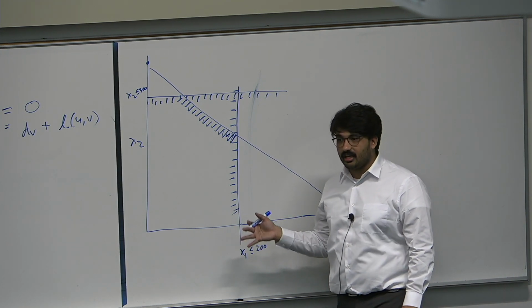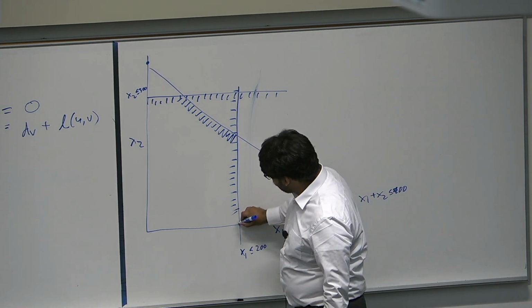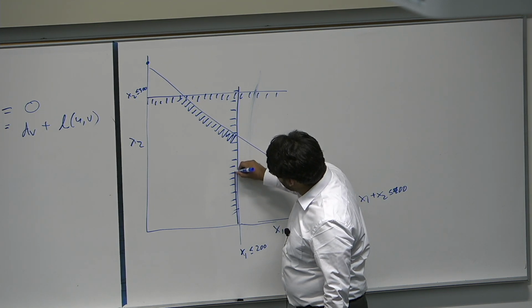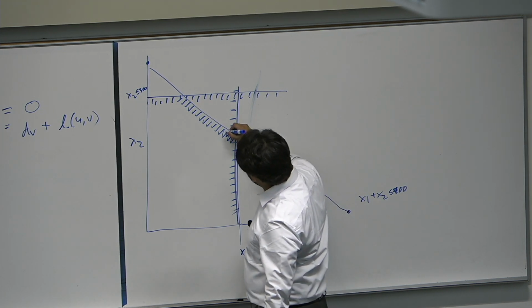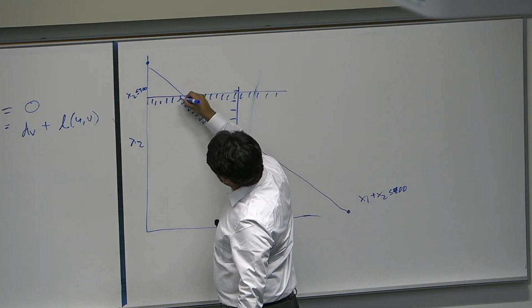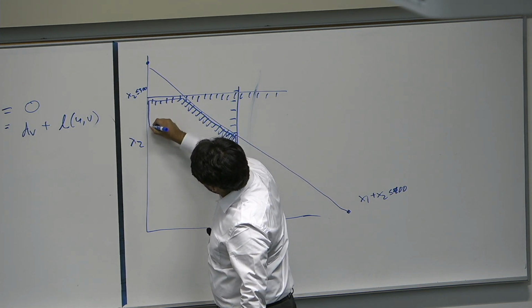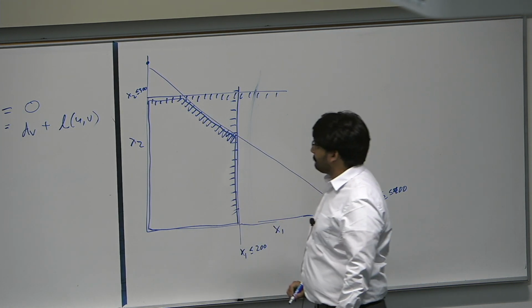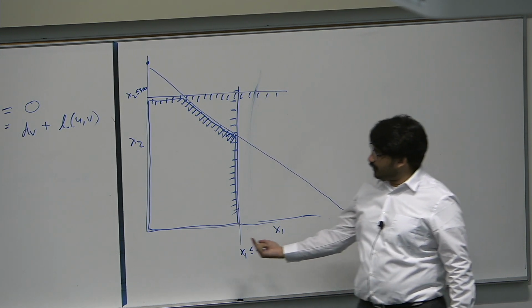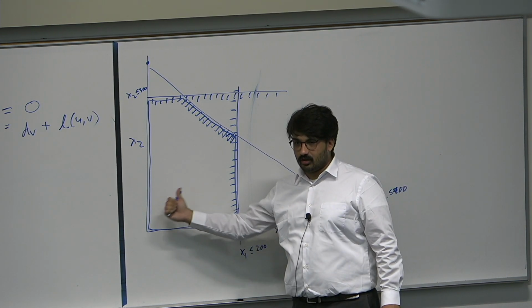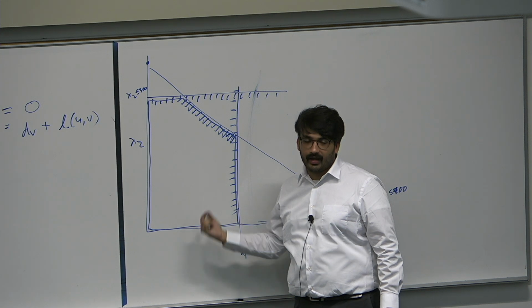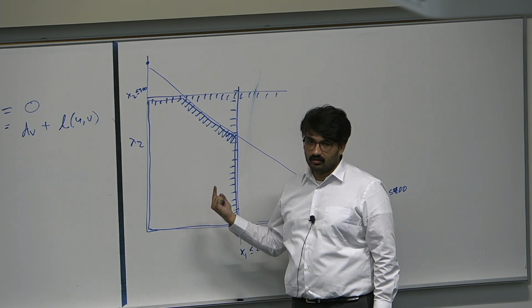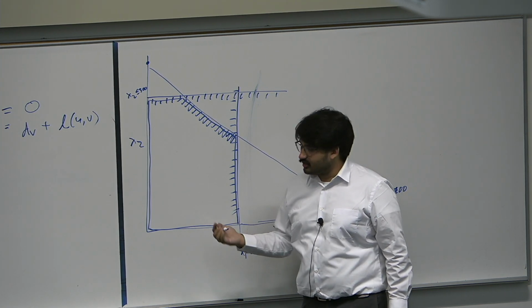So geometrically, it must be within this region. Why is it to the right of the y-axis and above the x-axis? They're necessarily positive values.